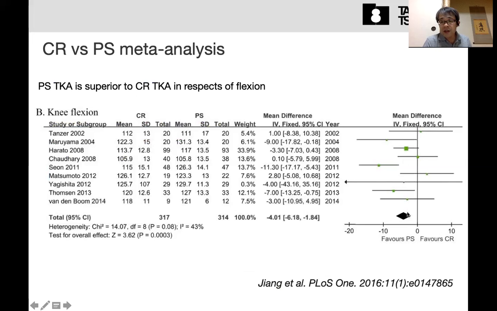In summary, the PS is more likely to get deeper flexion compared to the CR knee. Of course, some studies show that the CR was better than the PS, but most studies show that PS is better. This result is around 4 degrees better postoperative flexion in the PS knee than the CR knee.